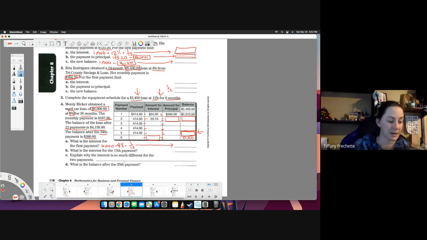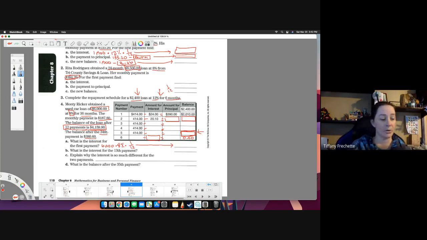In this one, it actually shouldn't take you too much extra time, because they gave us the pieces we need. After the 12th payment, they told us what the balance was. The balance of the loan after the 12th payment is $4,159.90.